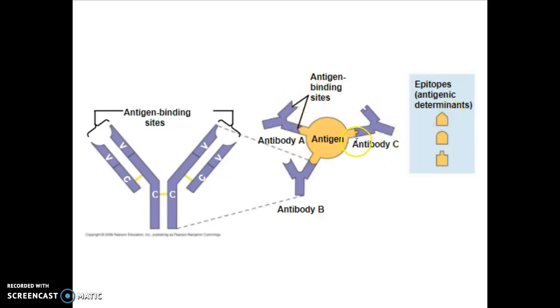We've got a triangle. I don't know what you would call that one. And then a circle. A step, maybe, I don't know. But we've got these antibodies that are going to fight the invader based upon the specificity of the receptors.